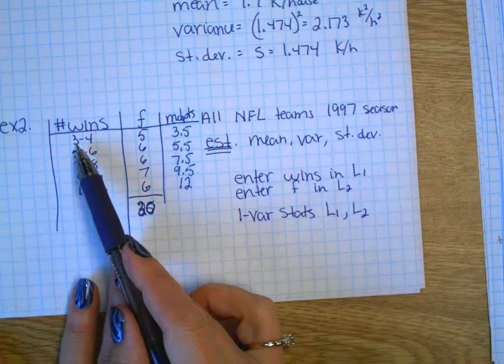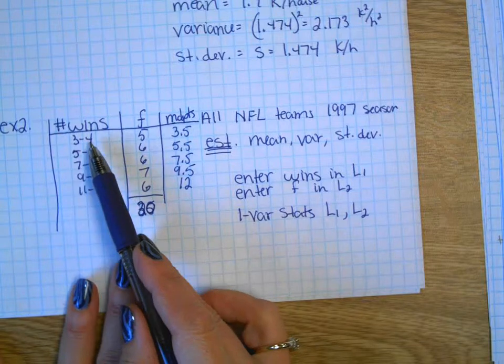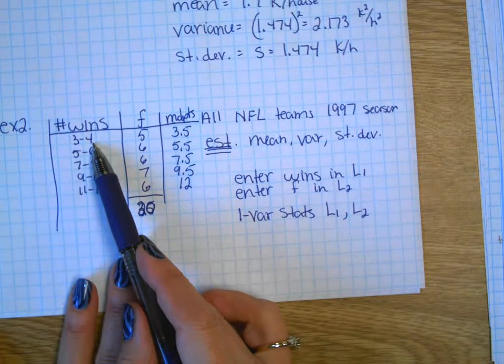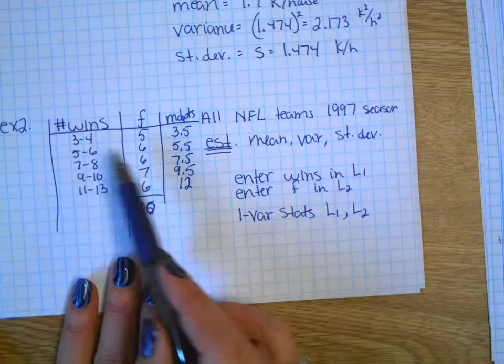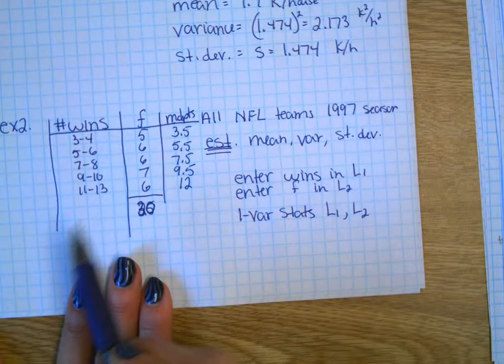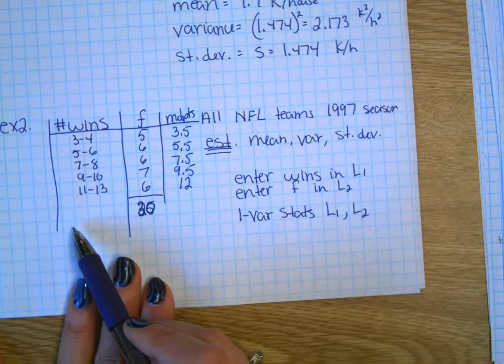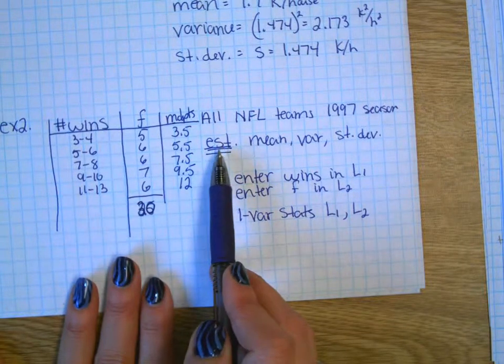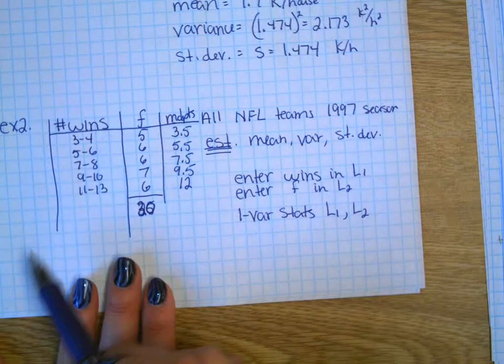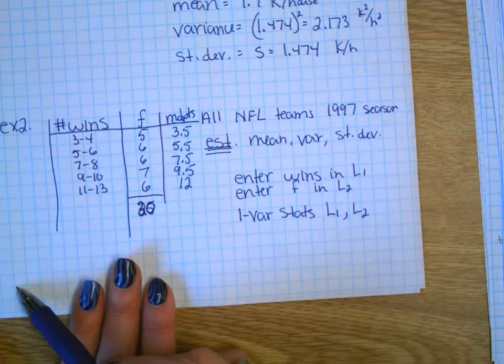Because, well, do I use 3 or 4? I've got 5 teams that either had 3 or 4 wins. Do I use 3s or do I use 4s? We don't use either one, we use the middle as the best estimate. That's why it's an estimate. So this is not an actual mean or variance. This is going to be our best estimate we can get based on the data we're given, because it's group data.